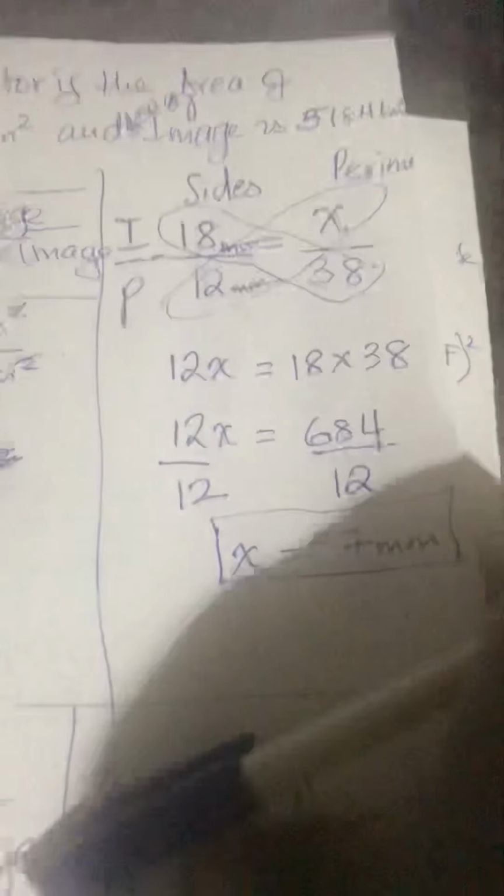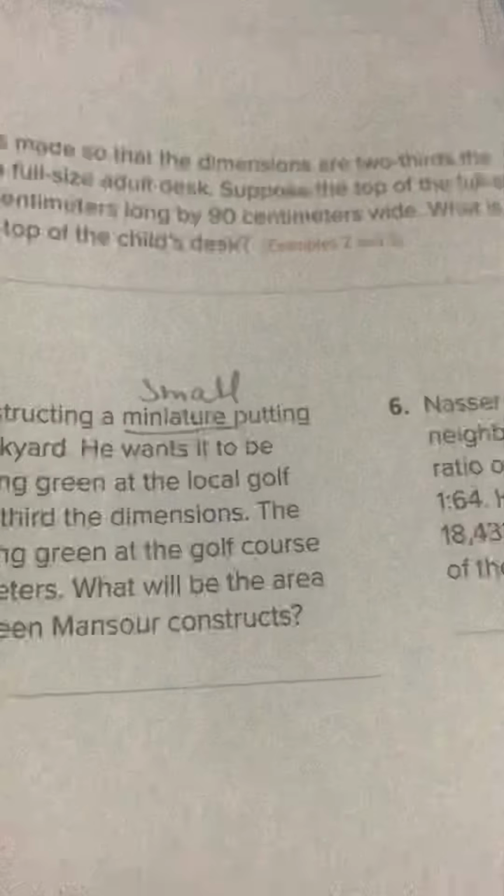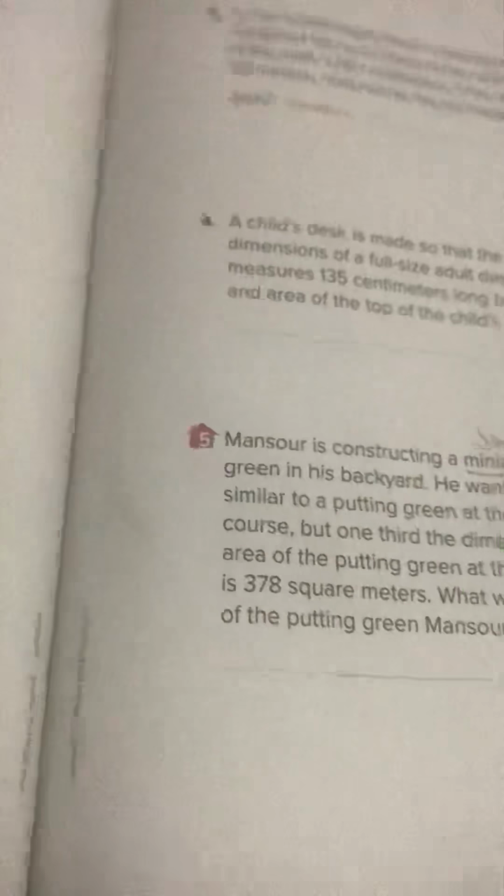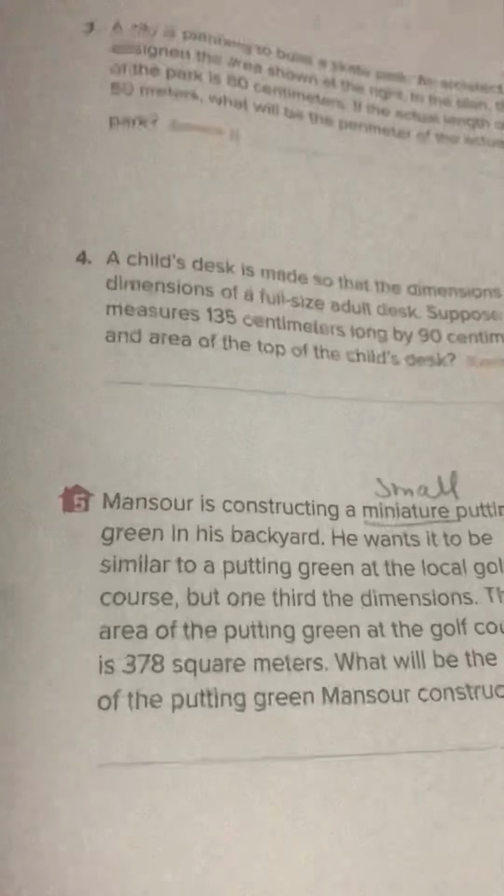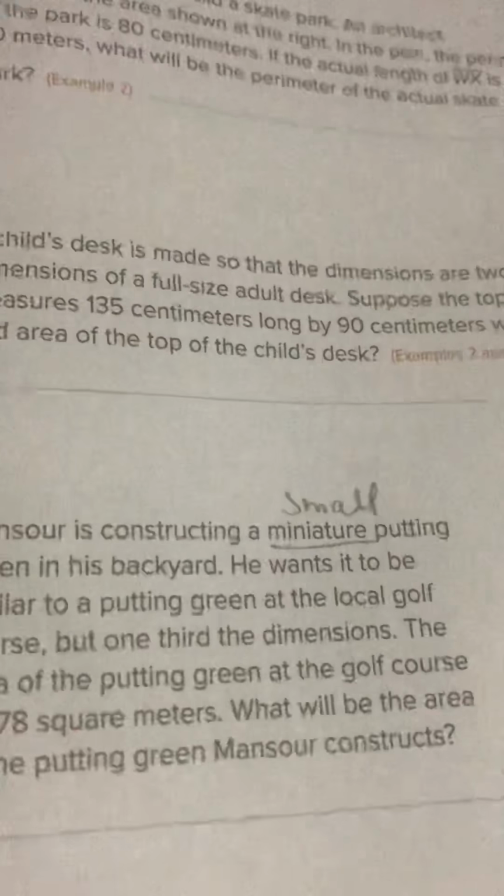All right, let's do question 5. I need paper. All right, we will do it over here. Let's read. Mansour is constructing a miniature putting green in his backyard. Miniature means small. A putting green is like a small golf thing, like green carpet where you play golf at the back of your house.